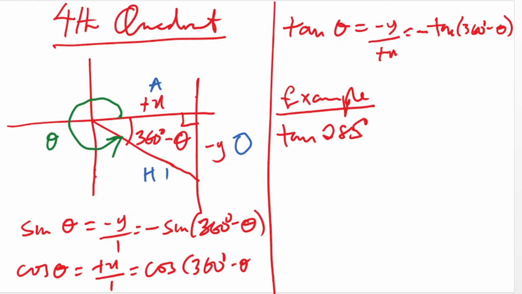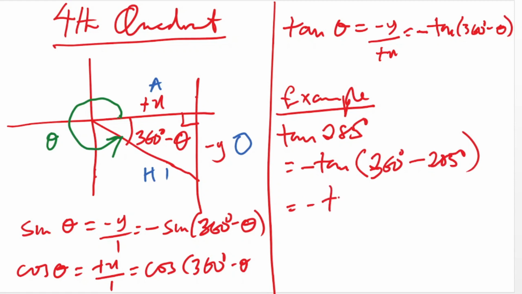Tan is negative here, so we have minus tan of (360 degrees minus 285 degrees), which is minus tan 75 degrees. When you subtract, you get 75 degrees. So that means minus 3.7321. I hope I'm making sense.